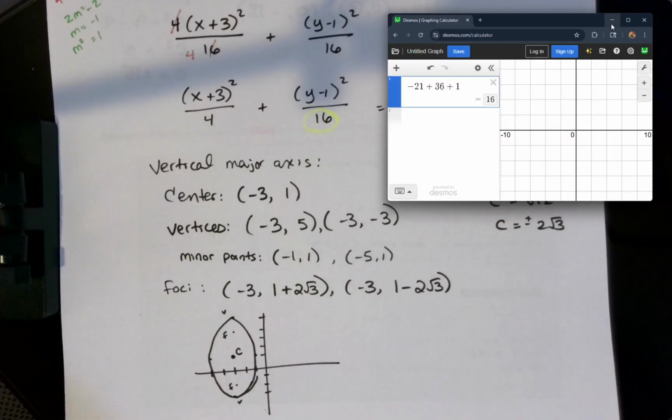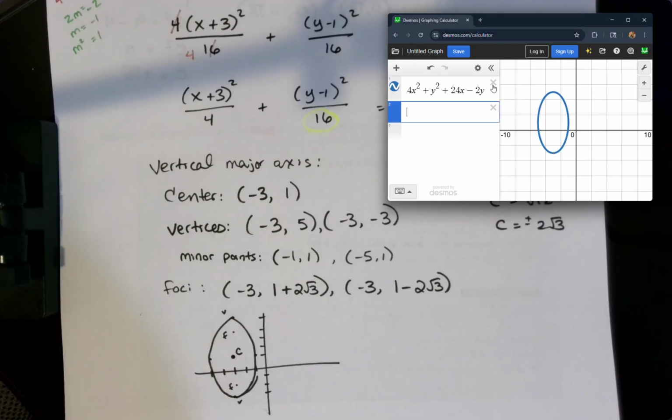So if we graph it, just to check out what happened here, I'm going to type in the original function because we always want to make sure we didn't make any mistakes. Plus a 24x minus a 2y plus a 21 equals 0. There's an ellipse. Its center was supposed to be at -3, 1. That looks like it's right in the middle, so I'm going to note that point as my center.